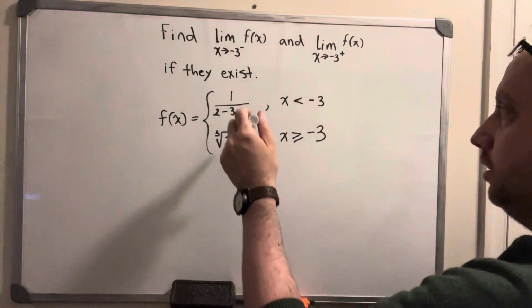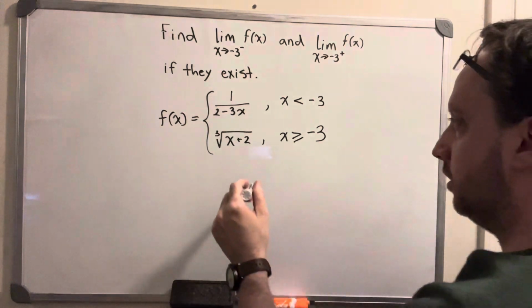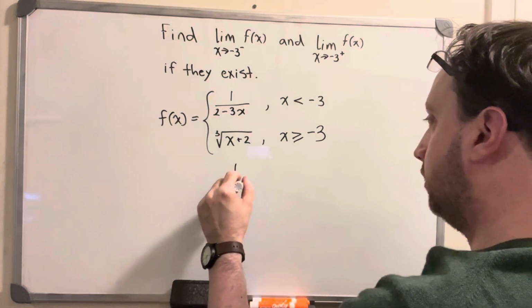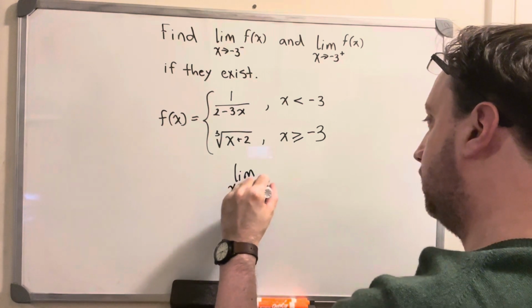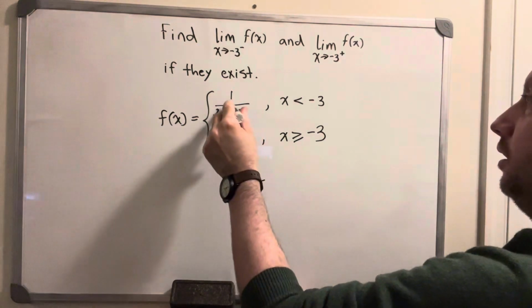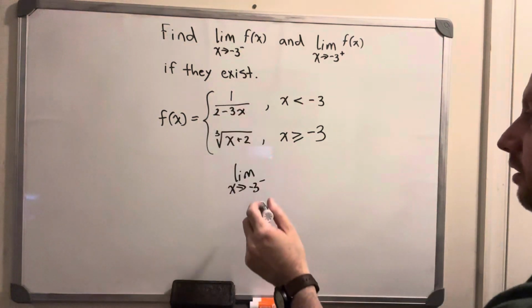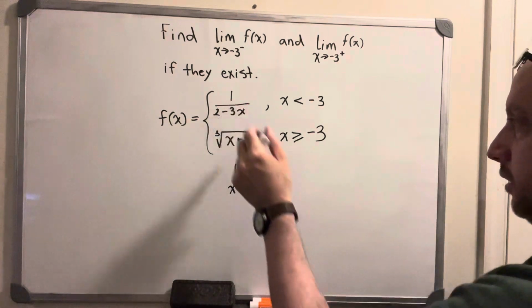So which open interval, and hence which type of function, applies for the limit from the left? Which of these applies for values less than negative 3? This one, right?